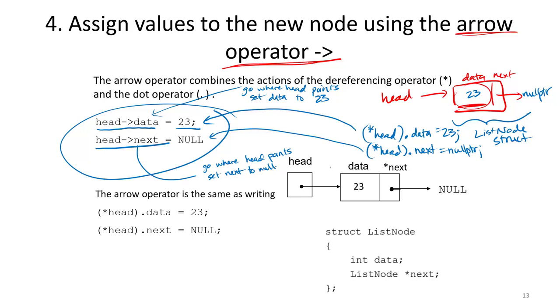And as you see, it combines the actions of our dereferencing operator, or asterisk, with the dot operator. And so when manipulating linked lists, it's very important that you understand how to use the arrow operator. It's a very important tool that we will use throughout this course.